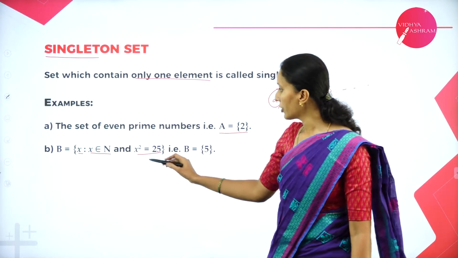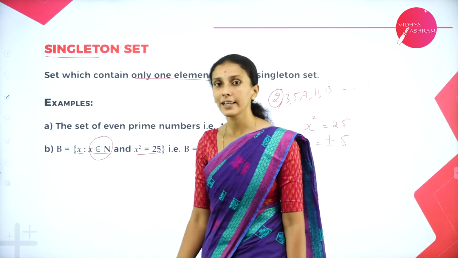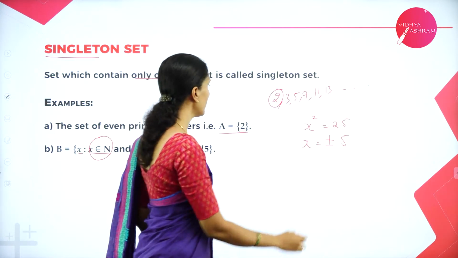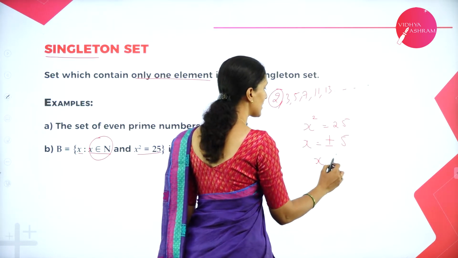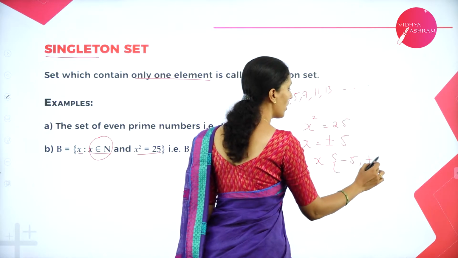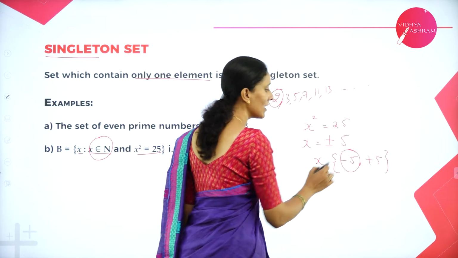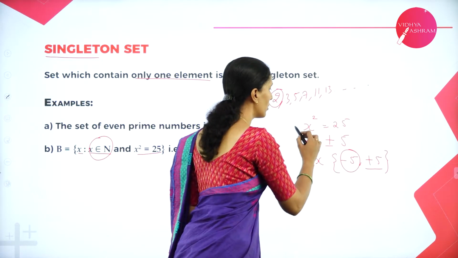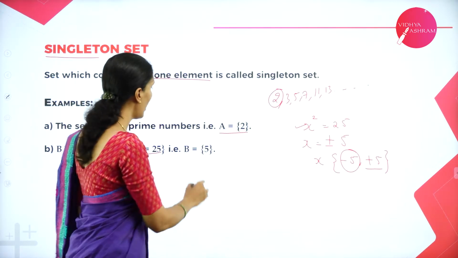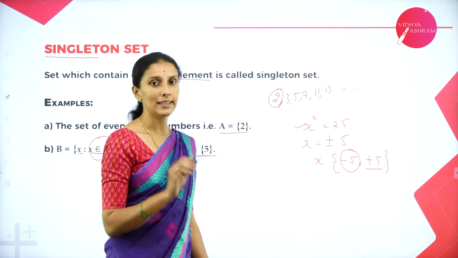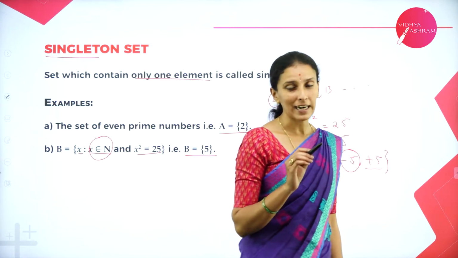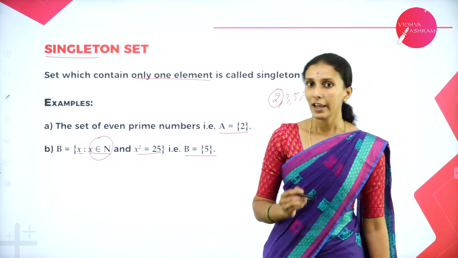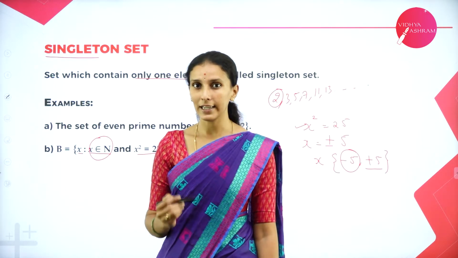But what is the condition given here? x must be a natural number. According to this, x can be minus 5 or plus 5. Since minus 5 is not a natural number, the only natural number for this equation is 5. So therefore, B contains only the element 5. That is, it contains only a single element. Therefore, it is called a singleton set.